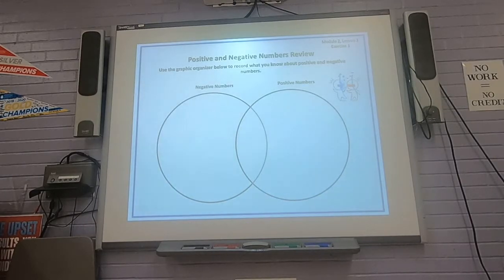Alright, so there's really not much to say on this except negative numbers are on the left side of 0. Positive numbers are on the right side of 0.